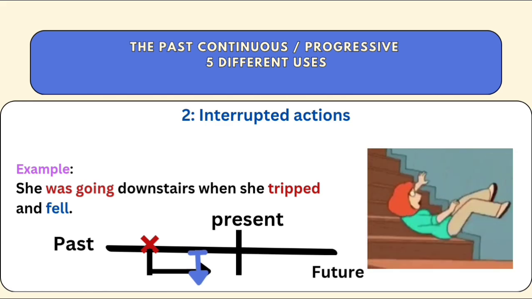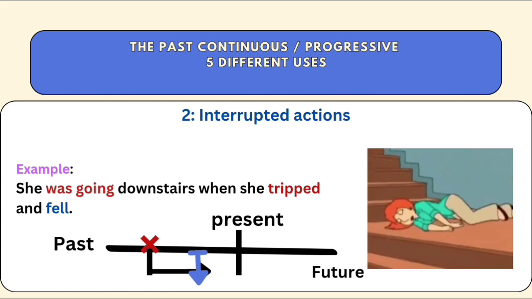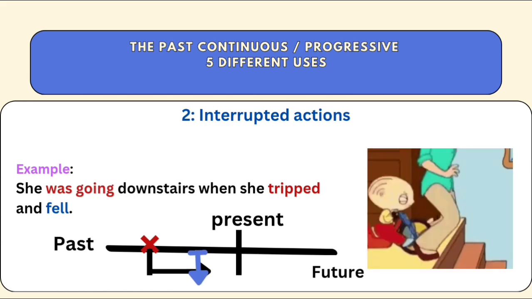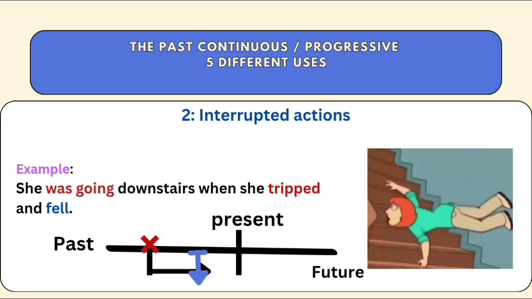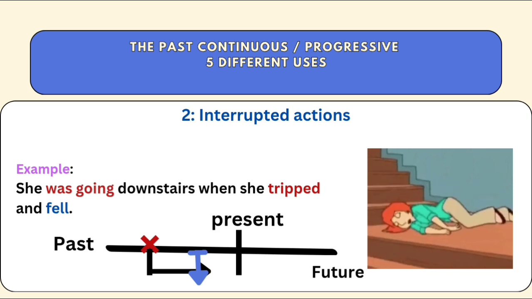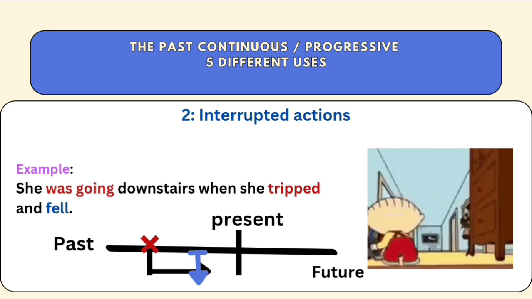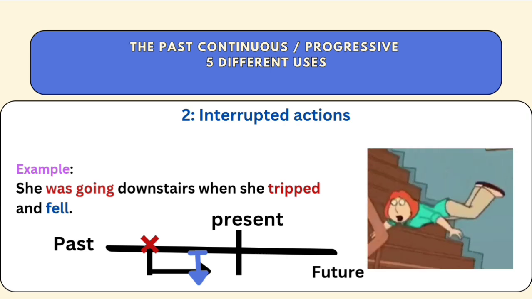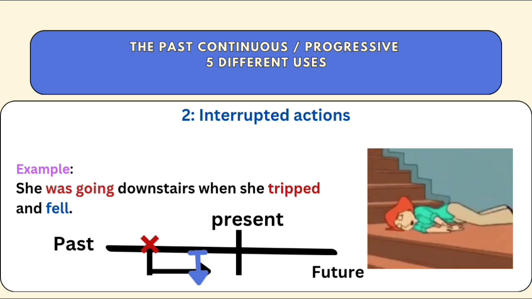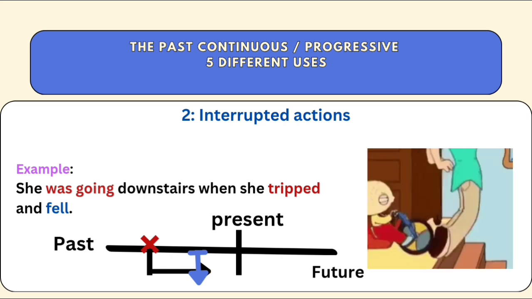She was going downstairs when she tripped and fell. Once again, the long action. She was going, ing, very long. She was going downstairs when she tripped and fell. These 2 short actions are both at the simple past because they come and they interrupt the long continuous action.